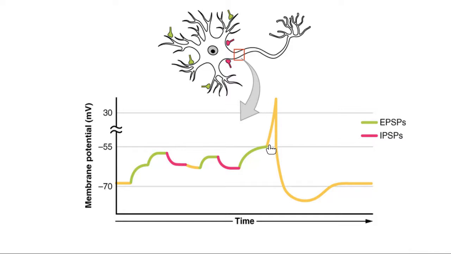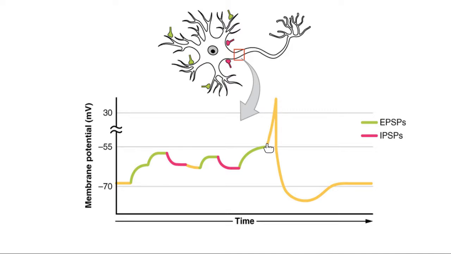So until I get to negative 55, I have no chance of ever getting to positive 30. Positive 30 is my charge when I'm talking to my neighbor. If I hit negative 55, it's a given that I'm going to get to positive 30. I got to get there first before I can talk.